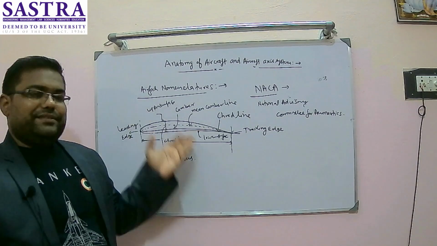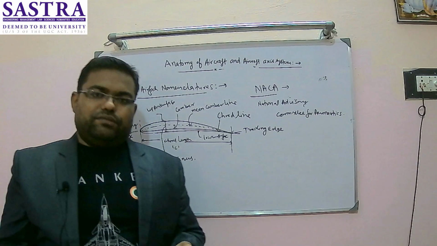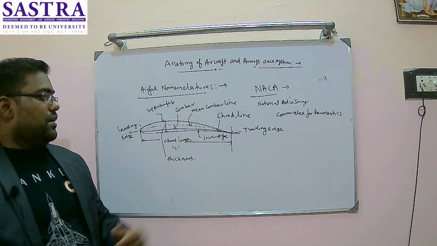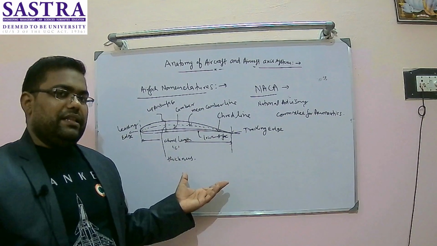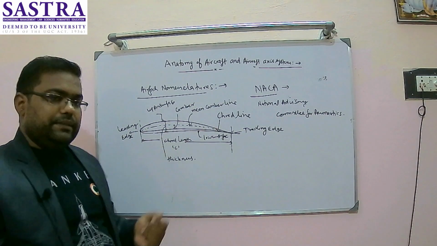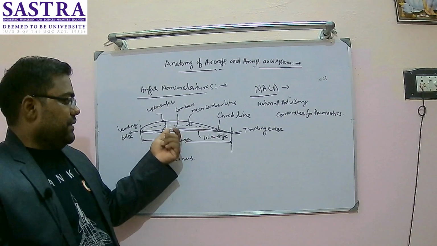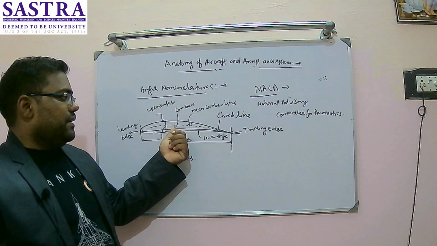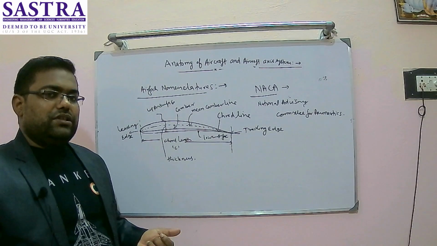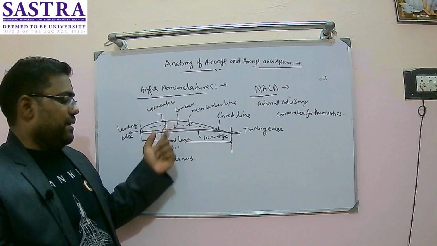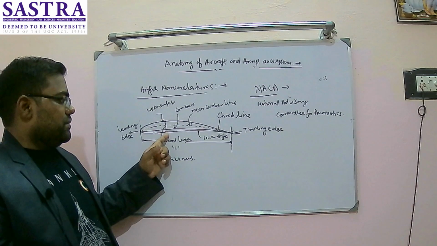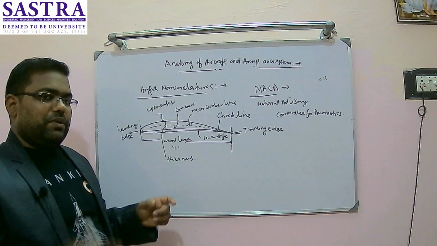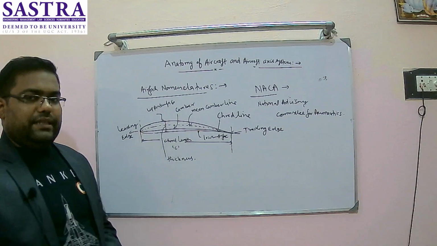It may not be inside the airfoil; sometimes it may be outside of it. The distance between the leading edge and trailing edge is known as the chord length, denoted by small c. The difference between the mean camber line and the chord line, measured perpendicular to the chord line, is known as camber. The distance between the upper surface and lower surface, measured perpendicular to the chord line, is known as thickness.